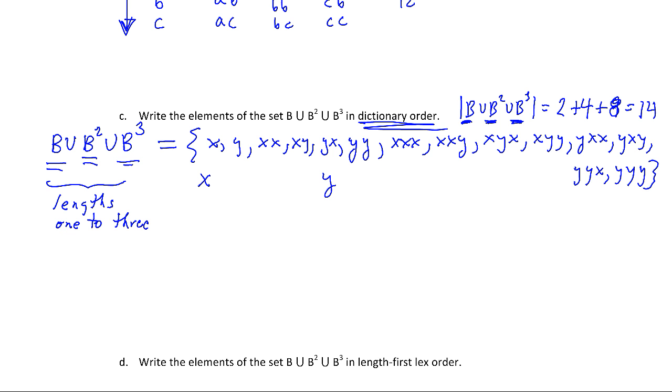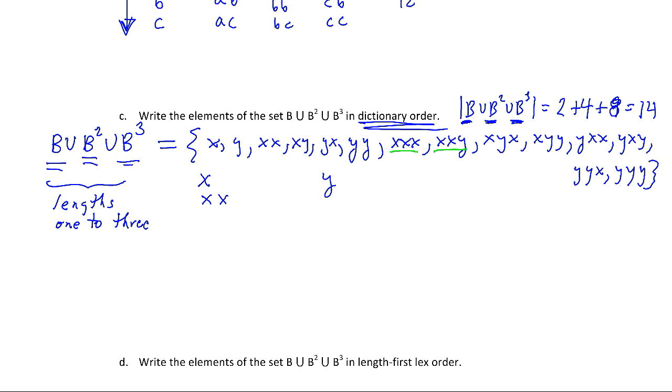So I'm going to start with X. I'm going to move to XX. And now I want to get all the XX's. The X section is those with prefix X. Now I'm doing the XX section, and I better find all of those with prefix XX. And they are these 2 here.